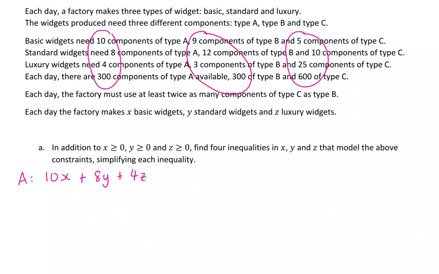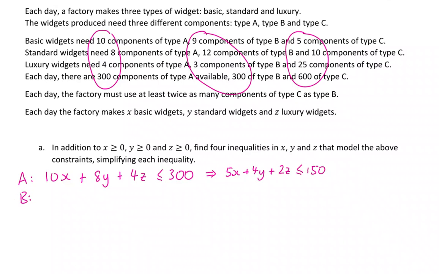Okay, and there are 300 components of type A available, so that can't go above 300, so it's less than or equal to 300. And we want to simplify that inequality down, so I'm going to divide through by 2. So we're going to get 5x plus 4y plus 2z is less than or equal to 150. So that's my first inequality.